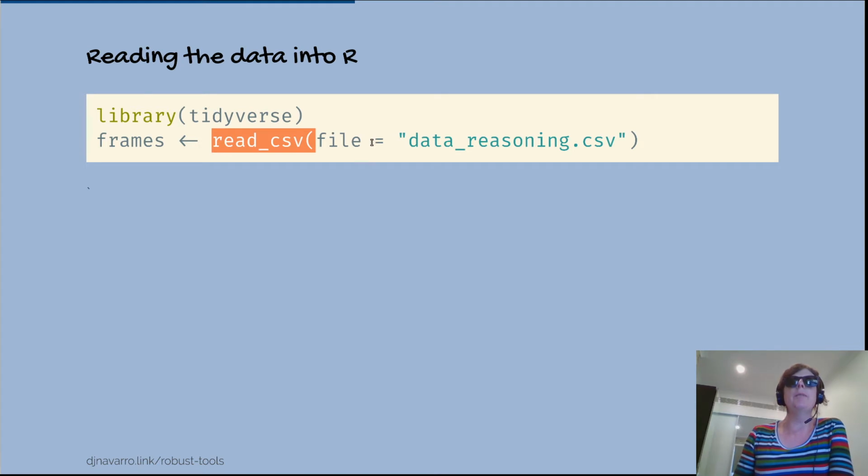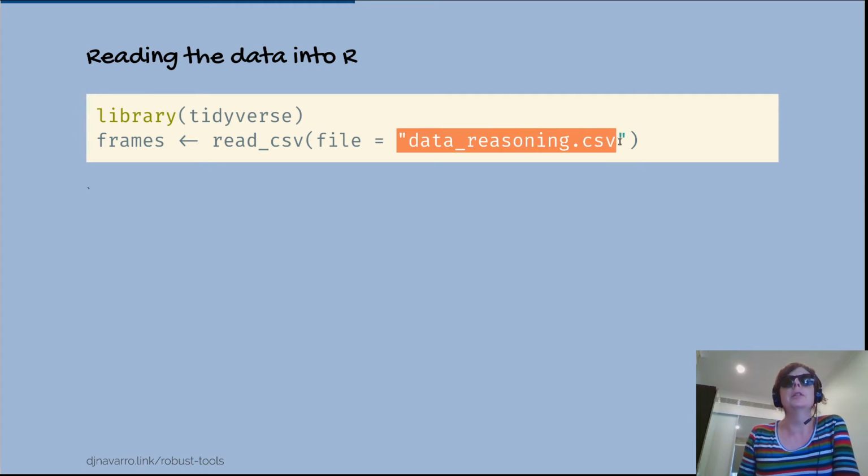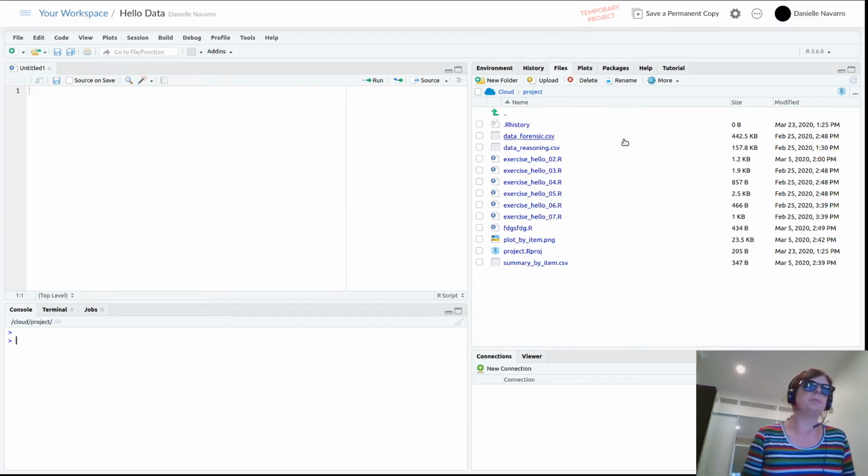All we really need, which has a name of file, and you just tell it the path to the file you want to open. So in this project, because everything is all nice and neat in the one project folder, we can just say, the file is data_reasoning.csv. So let's go and do that ourselves and see what happens.